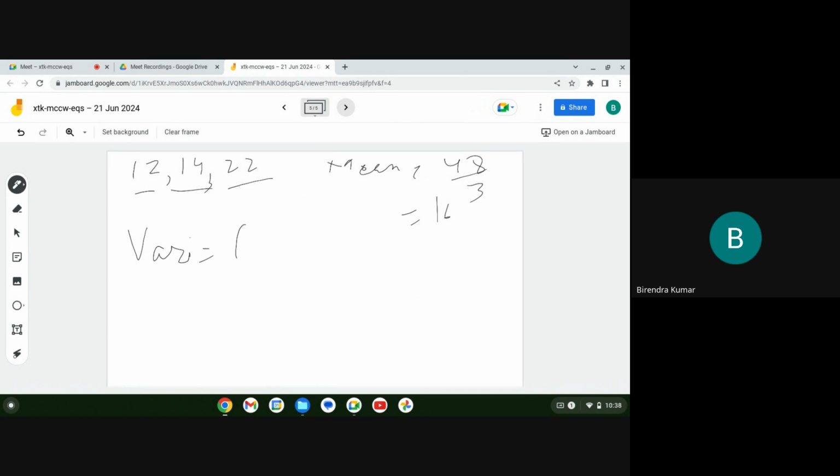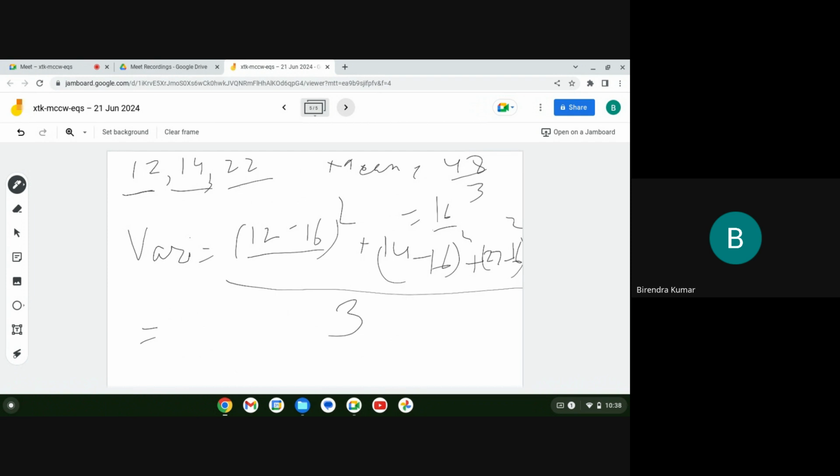First one is number minus mean square: 12 minus 16 square, plus 14 minus mean square, plus 22 minus mean square. And then divide that by total number of numbers. So we have three numbers. I'll put 3.